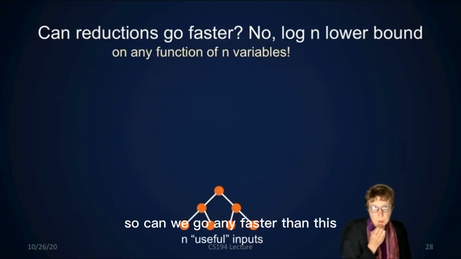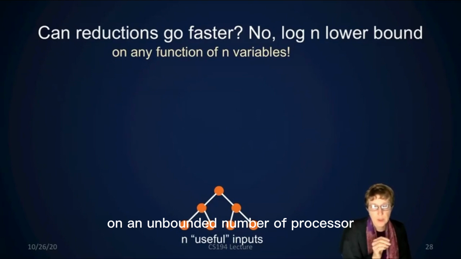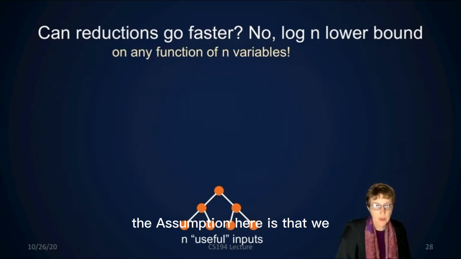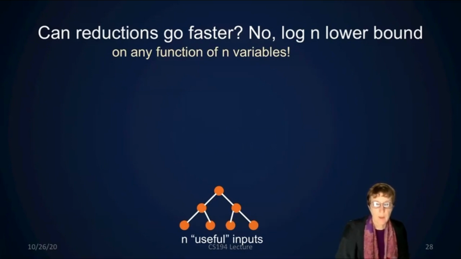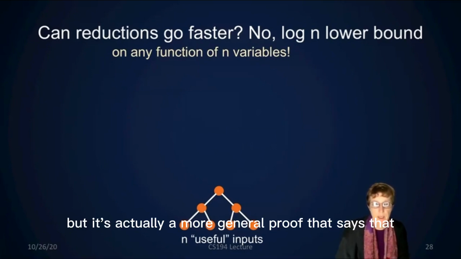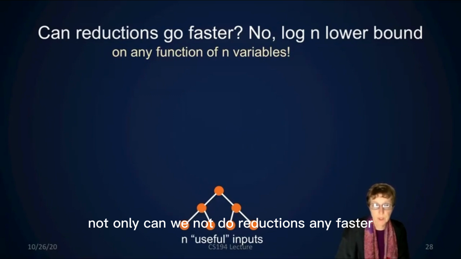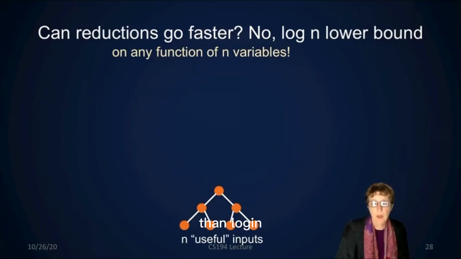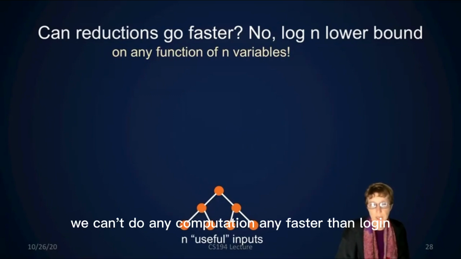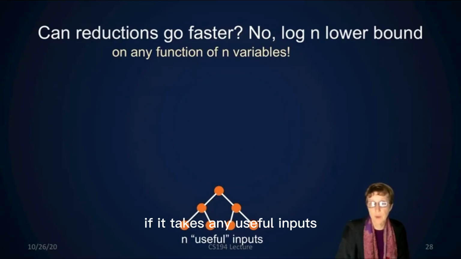So can we go any faster than this on an unbounded number of processors? That might be one question. And the assumption here is that the answer is no, and we'll do a little proof of it. But it's actually a more general proof that says that not only can we not do reductions any faster than log n, we can't do any computation any faster than log n if it takes n useful inputs.